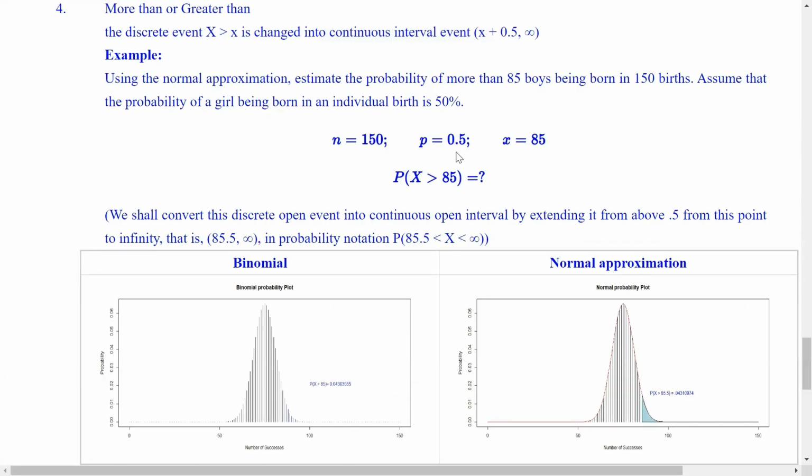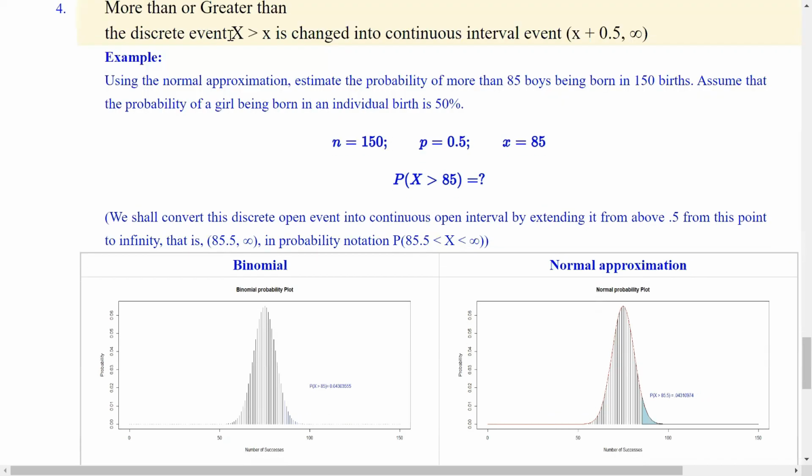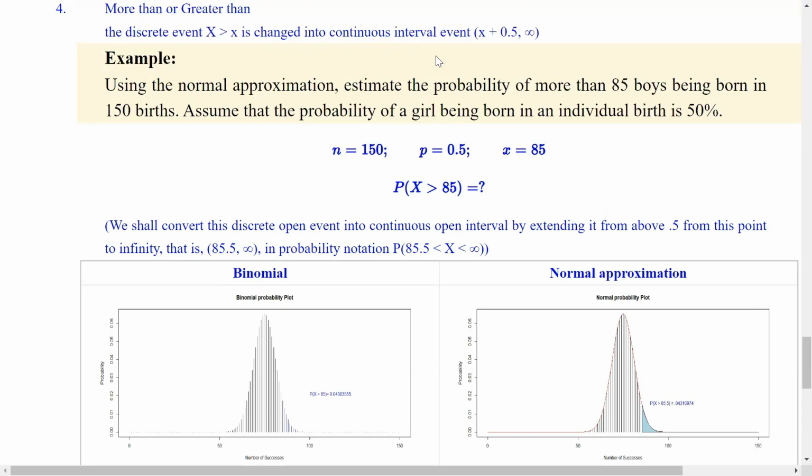Next, let's discuss the open discrete probability for this upper tail event, the random variable x taking values strictly above some specified value x. This is approximated by the area in an interval ranging from 0.5 above the value of x to infinity in the normal distribution.